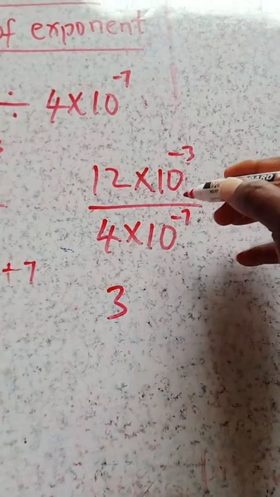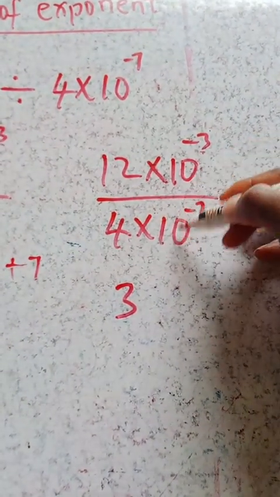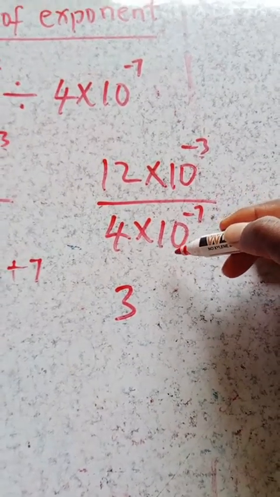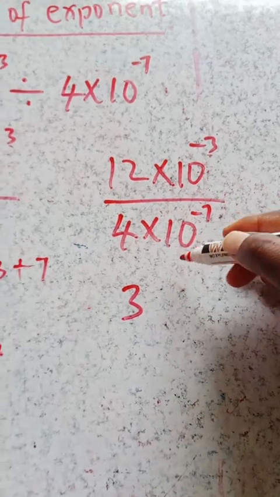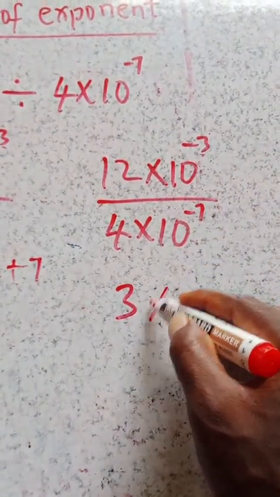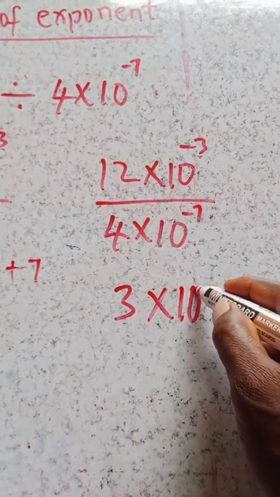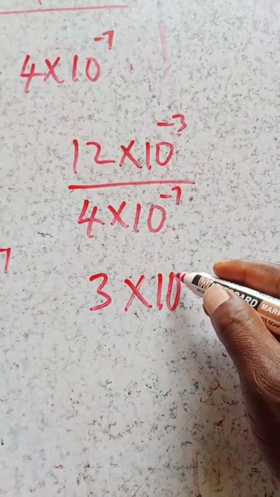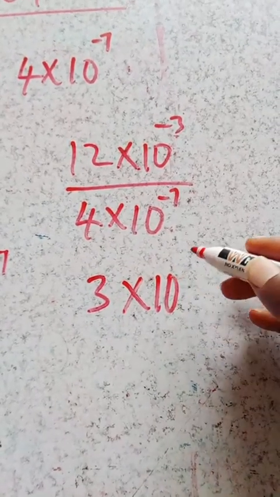Then since the bases of the exponent are the same, according to the division law of indices, when the bases are the same, you write down one of the bases, which is 10, and then you subtract their powers.